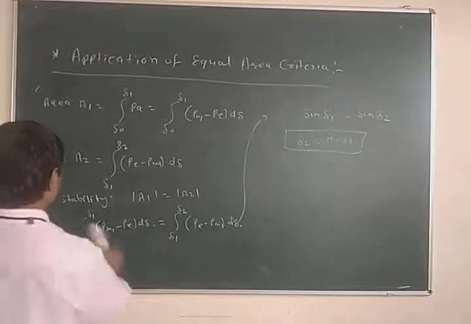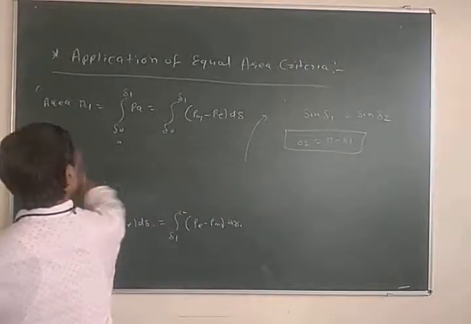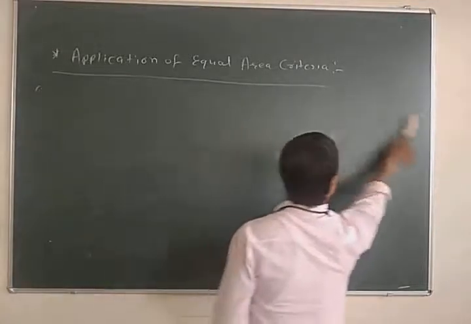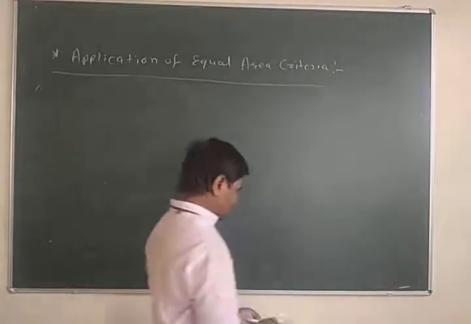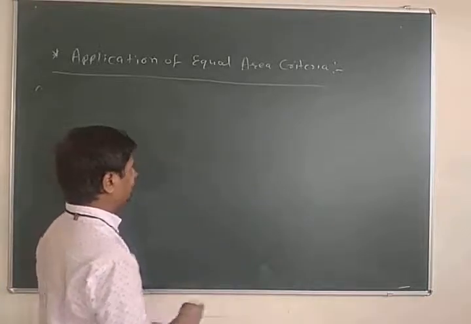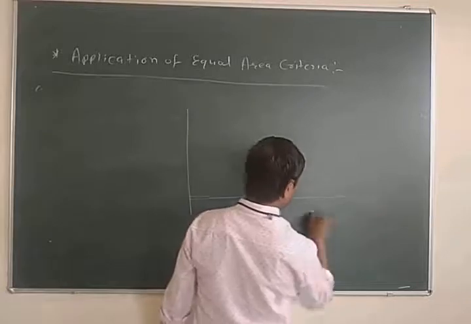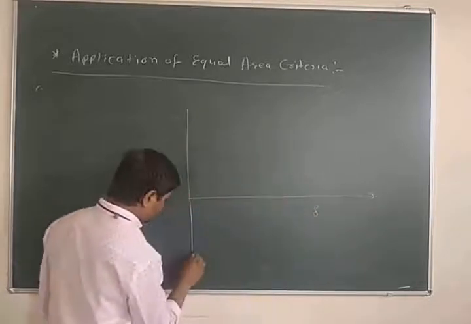Next is the power angle curve for delta greater than 90 degrees.